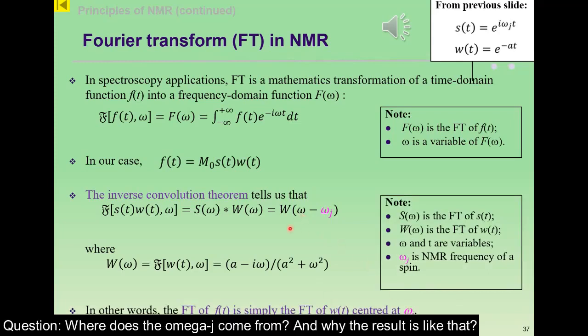Question: where does the omega j come from? And why is the result like that?